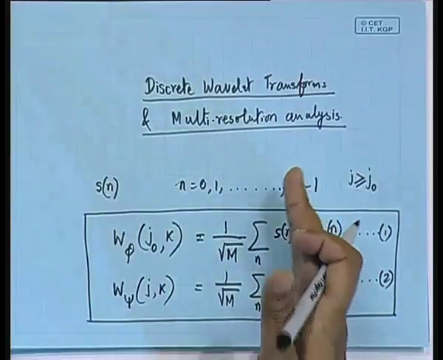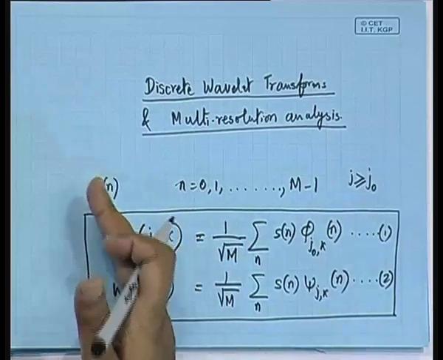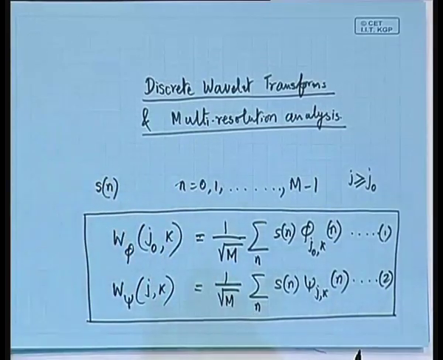Now, when I want to apply this transformation and get back the original signal from reverse transformation, this process of transformation and reverse transformation should not introduce any scaling coefficient. The energy of the signal in the Sn domain and the energy of signal in this W domain have to remain the same.